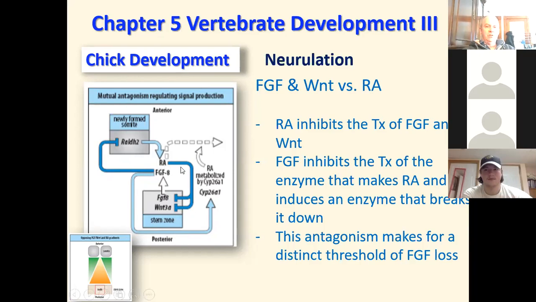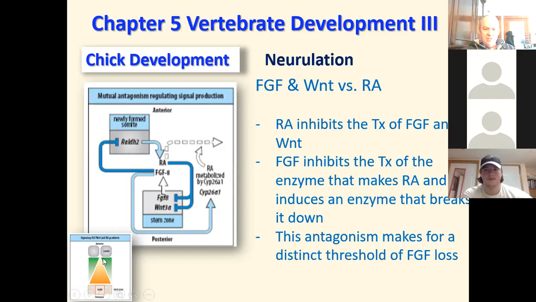Retinoic acid is going to inhibit the production of Wnt and FGF. So as the cells are moving through this, they're going to be seeing FGF until you get to a point where there isn't enough FGF to inhibit retinoic acid. So then retinoic acid is going to take over and shut off FGF.